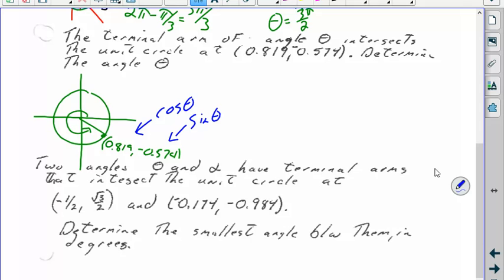Because it's an intersection with the unit circle. Different point if it's not the unit circle. Now, how do we determine this? Well, we know cosine, and I'm going to use cosine theta because it's the easiest one. I'll do sine theta in a minute.